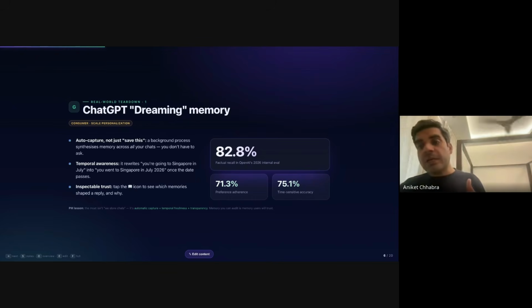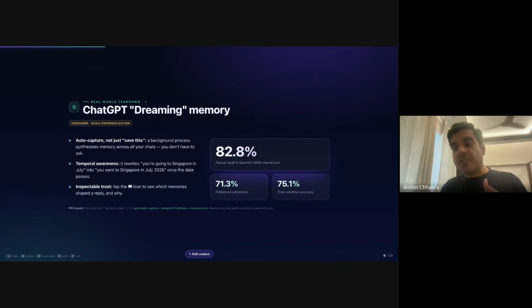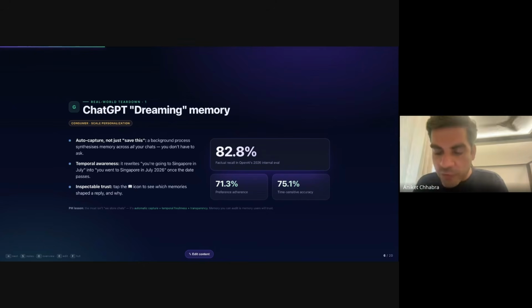The other part is your preference styles, right? So your preferences, your styles. A lot of times when we interact with ChatGPT, we have a certain style, certain preference. It actually creates a persona for us, which is also a kind of memory for it to store. And then next time when you ask, it tries to answer your question automatically. I have a habit of writing bad prompts, I would say.